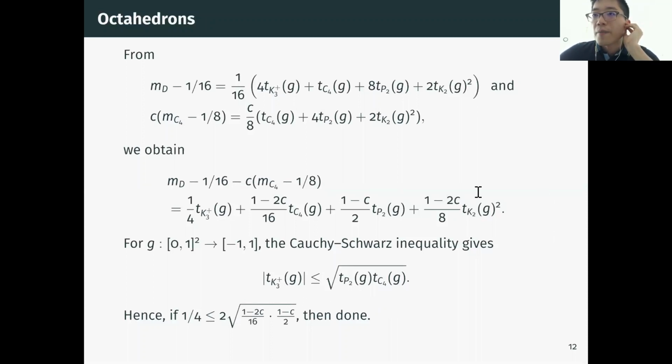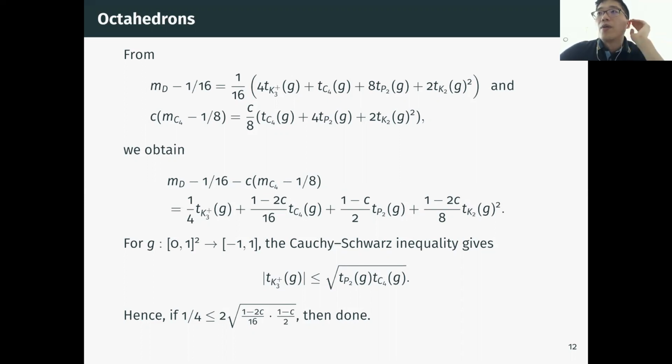Because of this inequality, whenever the geometric mean of these two quotients dominates 2 times the quotient over here, then we have a sum of squares. For the rest of the terms, this guy is non-negative, and this guy is non-negative, and these guys are non-negative. So we only have to care about this guy, and that's handled by this inequality. Okay, so far so good.